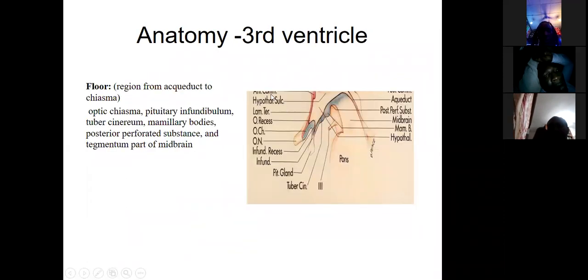Its floor, which is a very important structure during surgical procedures, extends from the region of the aqueduct to the chiasma.